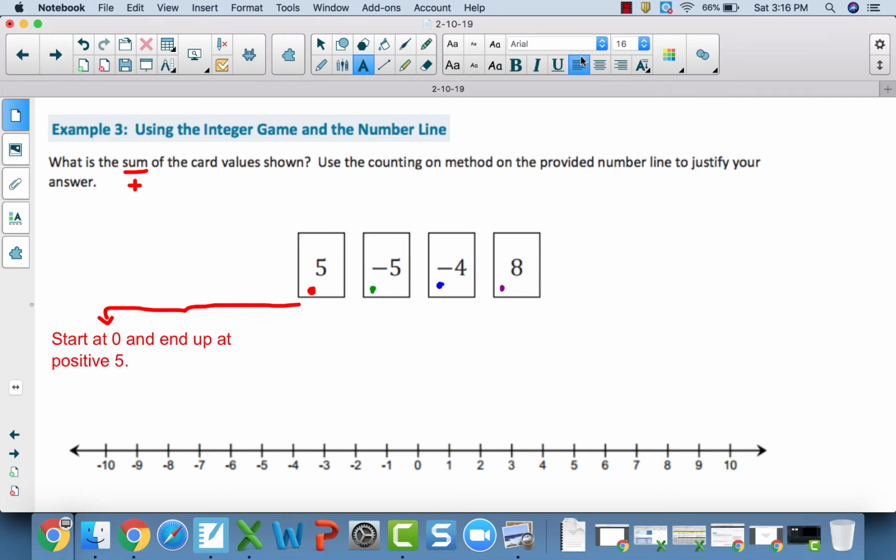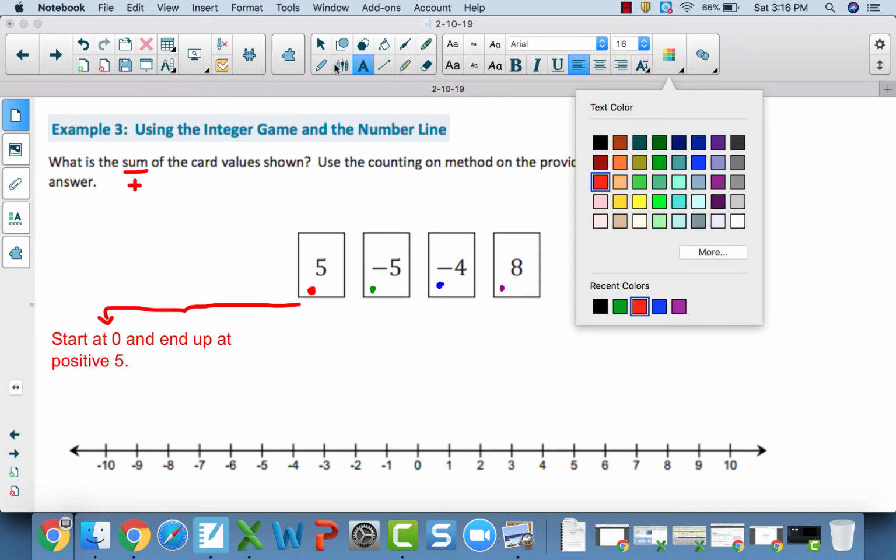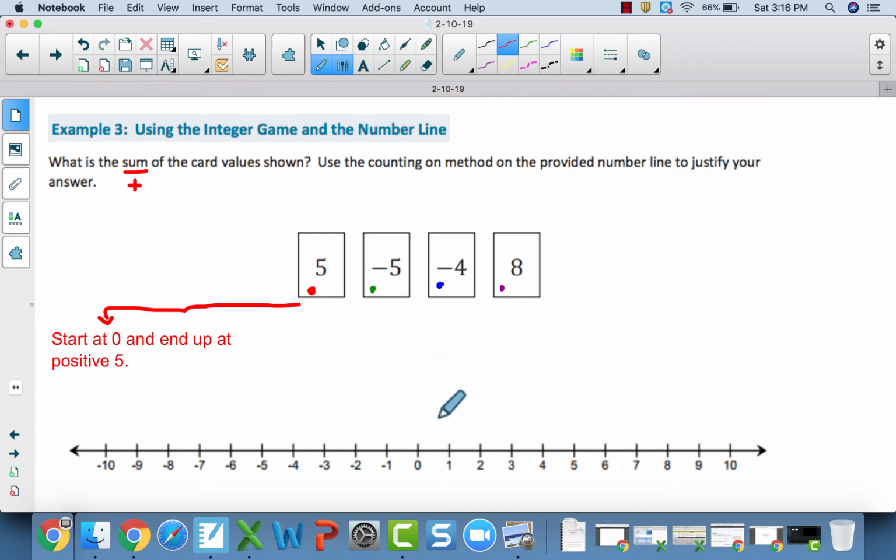Okay, so I'm going to take my pen, and you guys should be looking at your number line. You're starting at 0, and you're ending up at positive 5. That would be 5 units to the right. 1, 2, 3, 4, 5. So now I am here. Okay, I am done with this card.